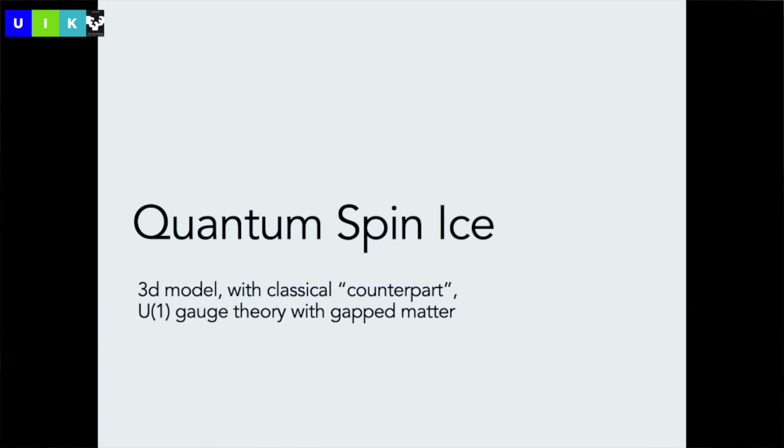Is any quantum spin liquid topologically ordered? No. There are a number of topologically ordered states which are quantum spin liquids, but this one, for example, is not a topologically ordered state. In fact, it's gapless, and it's 3D.